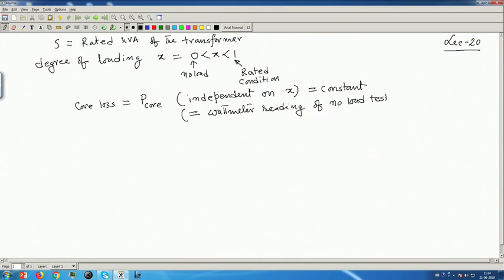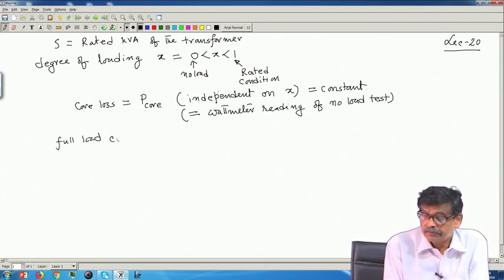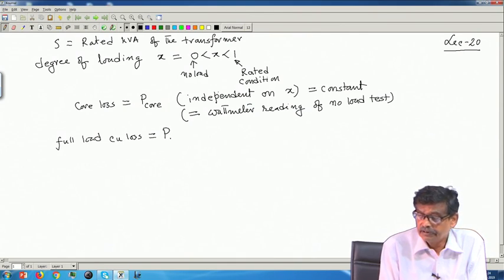So this value is known, and then I defined the full load copper loss, for which I use the notation P_CU full load.